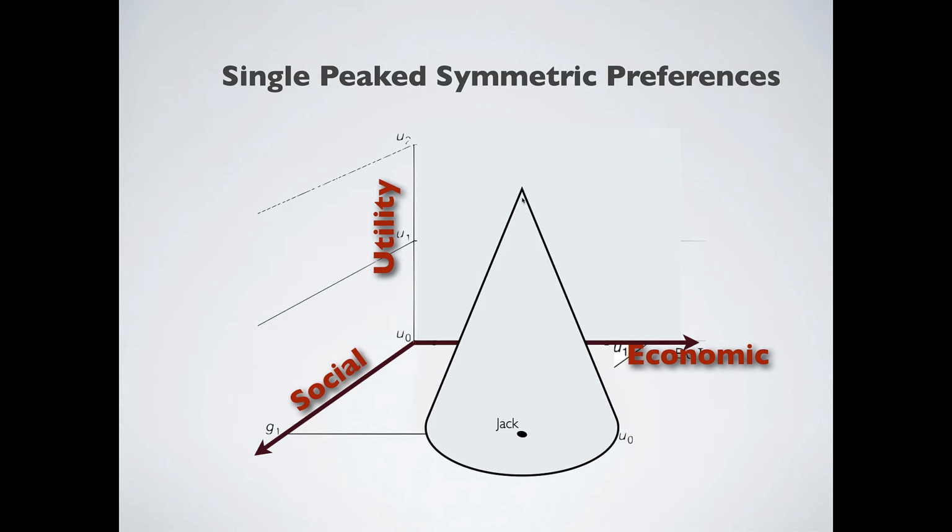But what really matters is that there's a global maximum, and as you move away from it, let's say Jack was going this way on the economic social plane, or a policy was moving that direction, it would be going down the cone in terms of the amount of utility that those policies give as we move away from Jack's ideal. So it's very similar to what we saw when we had the single-dimensional model with a second utility dimension. Here we're going to have a two-dimensional model with a third utility dimension.